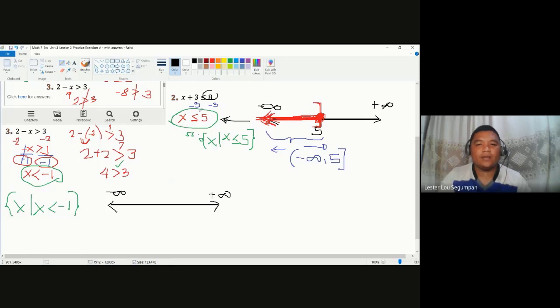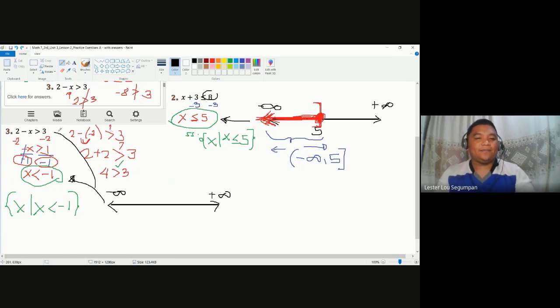Take note that from the given, it was greater than, and from the end, the solution now becomes less than. Our graph is the graph of the solutions, not the graph of the given. In short, our graph should depend on this, not the given. The given is only used for the checking and for getting the solution.